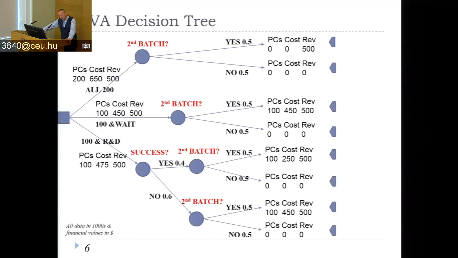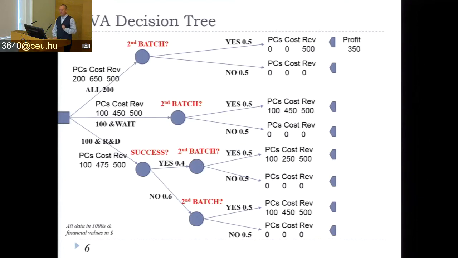This is the decision tree that we can lay out, we can actually present, that summarizes 3 different pathways. Which one to select, which one to go for. In order to do that, we should summarize the profit for every single pathway. So let me go through.